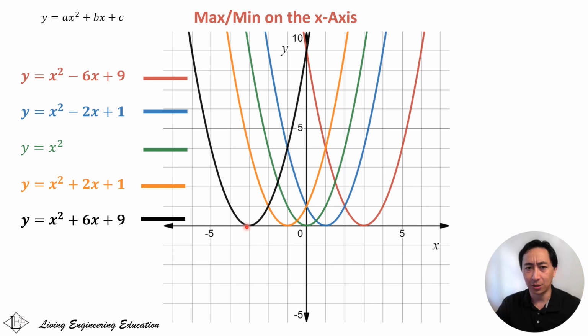So why is that? We can change the way that this equation looks, and it'll be a lot more apparent. So if I change my equation from y equals ax squared plus bx plus c to y equals x minus d quantity squared, I can expand this equation here, and we get y equals x squared minus 2xd plus d squared, right?